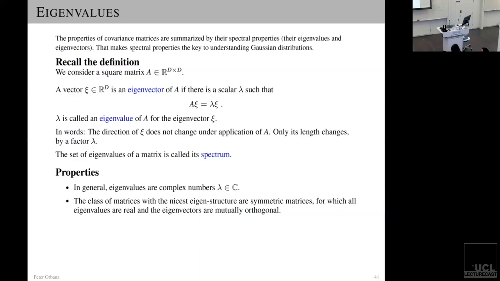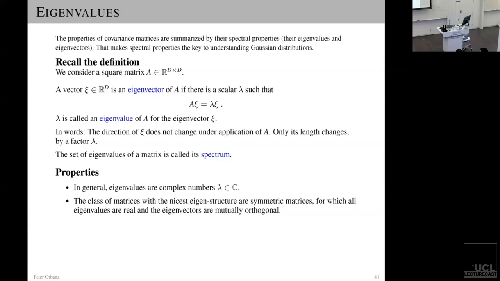And that is why, whenever you see any method in machine learning that is called spectral, it has something to do with the eigenvalues and eigenvectors, right? So in mathematics, a property of a matrix or a linear operator, a linear map, is called spectral if you can express it completely through the eigenvalues and eigenvectors.